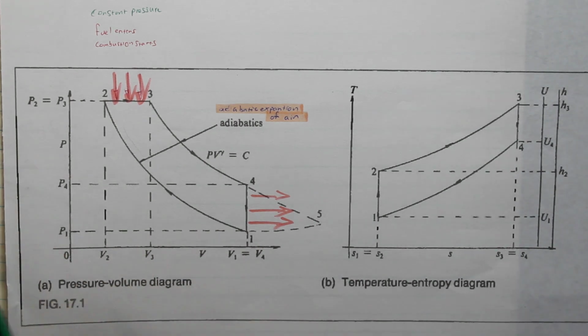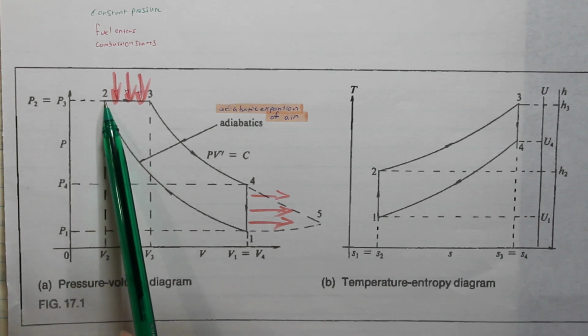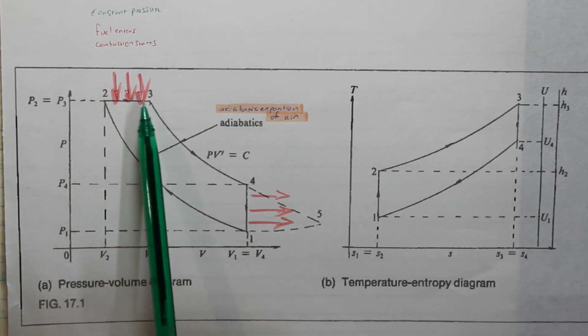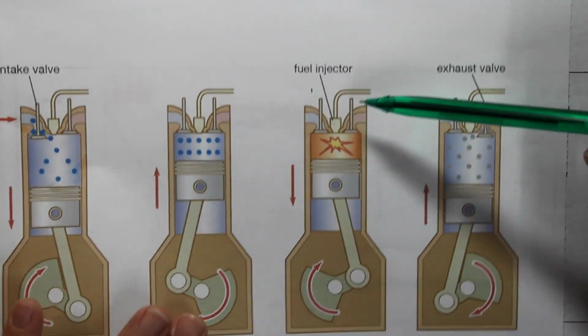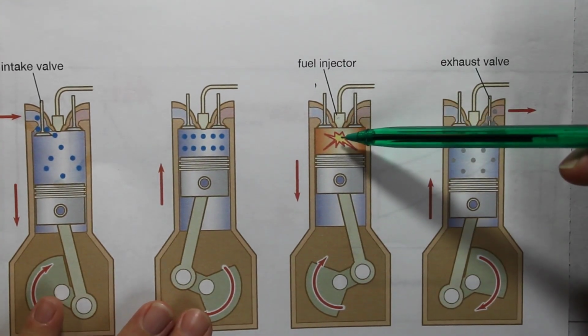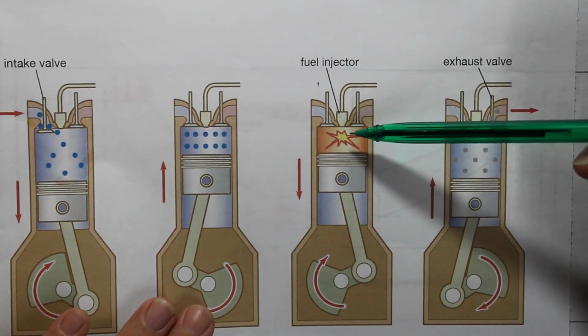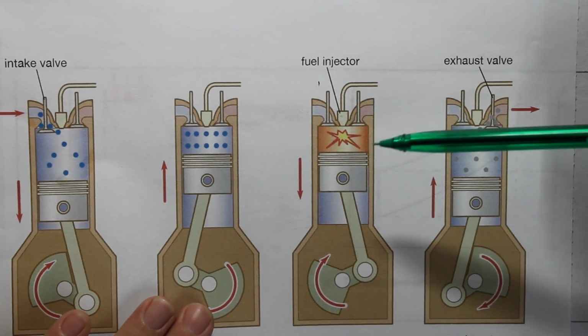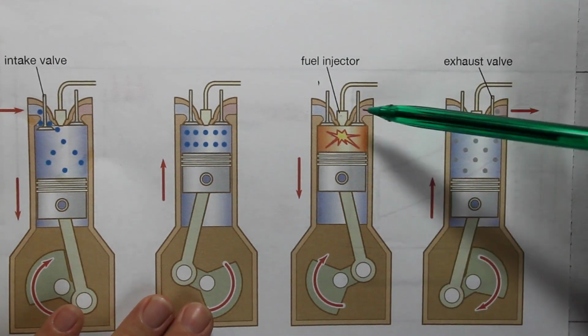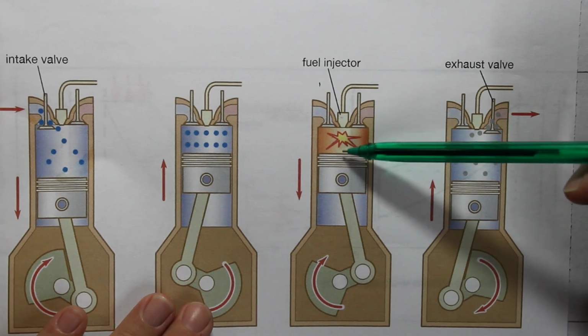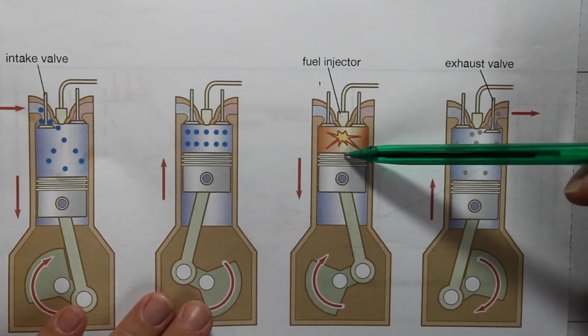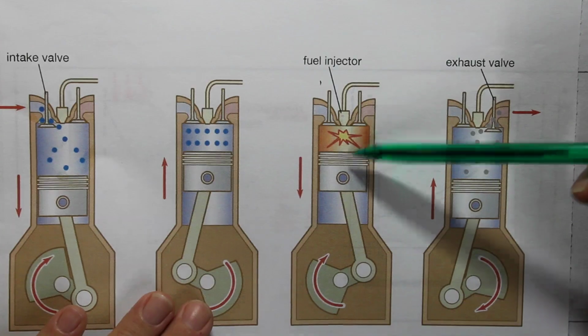Okay, and then at the top here now, from 2 to 3, this is where the fuel is injected into that compressed air, into that hot compressed air, and it starts burning under constant pressure. Remember I said as it starts burning, it starts pushing that piston down a little bit so that the volume is slightly increasing.